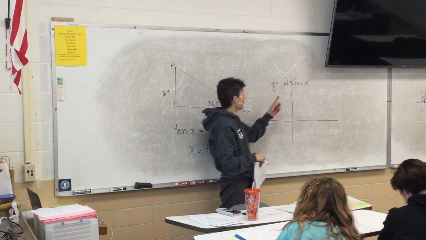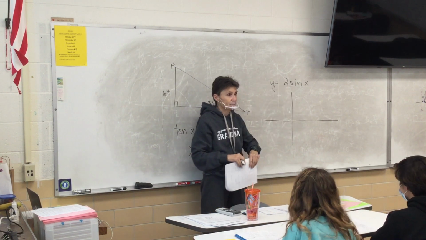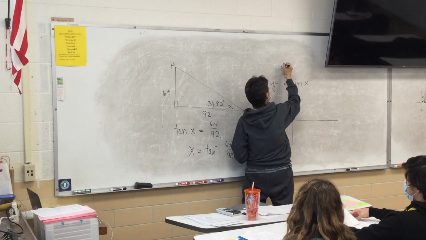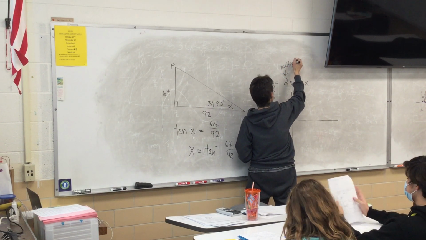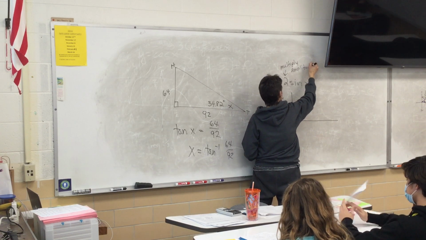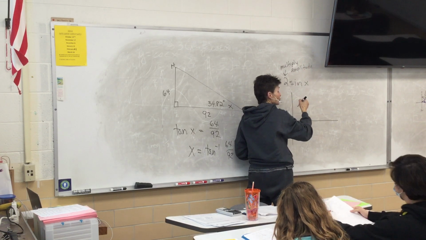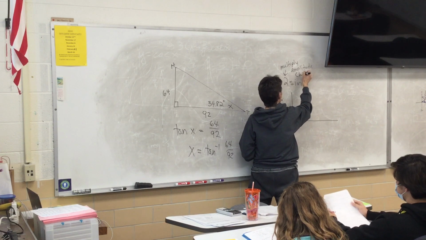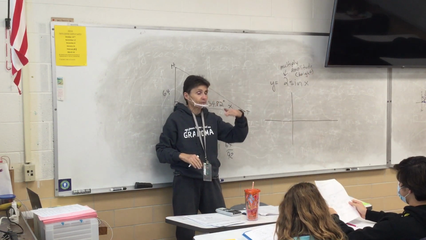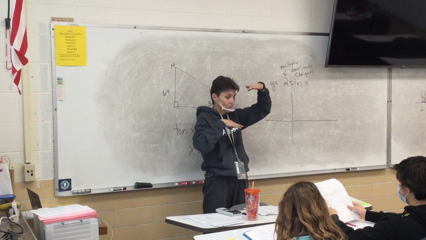Does anybody remember what this guy does? He multiplies the amplitude, and the amplitude is just a trigonometry word for height. So you look at your regular sine curve I had you draw.